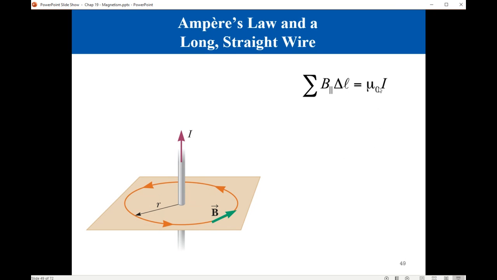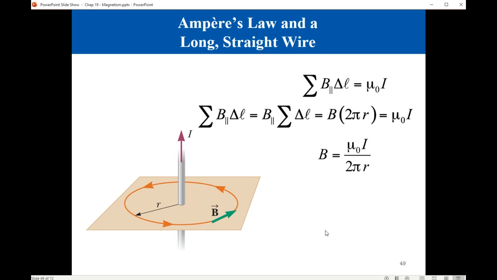So from this equation, we can calculate the magnetic field for a circular path. Because of symmetry, B parallel has the same value, because r is the same for all points along this circular path, so we factor it out.